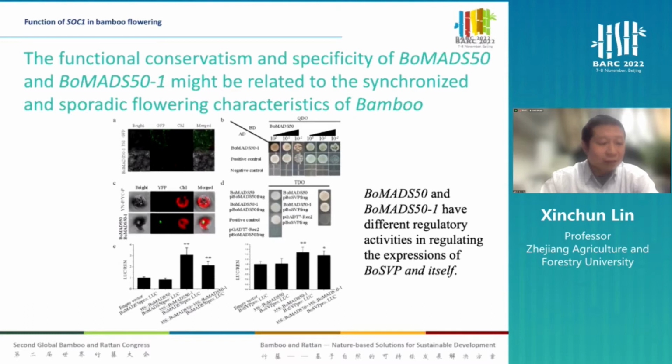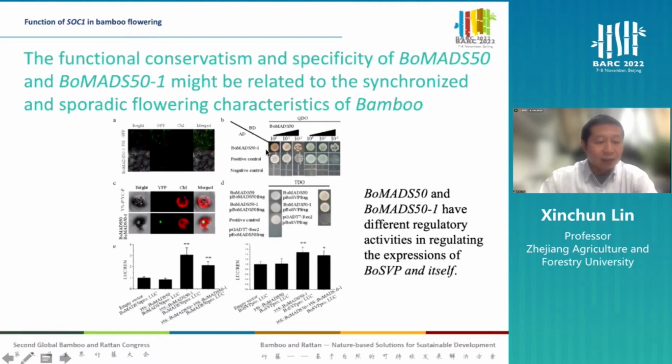We also found BO-MAS50 and the other variation, BO-MAS50-1. They can bind to the promoter of itself, and also can bind the promoter of BOSVP, another flowering-related gene.